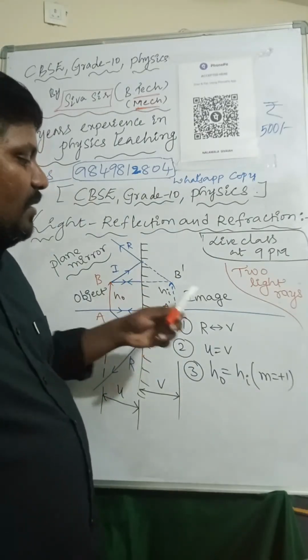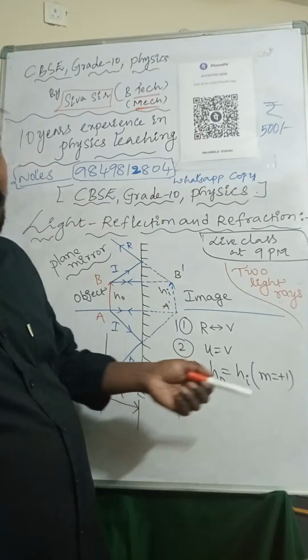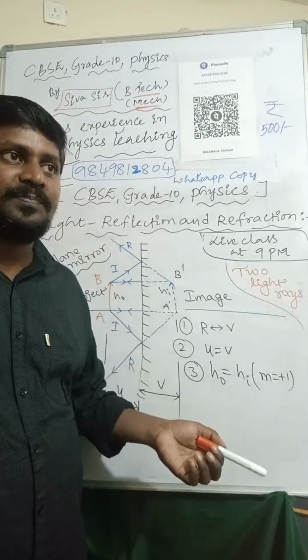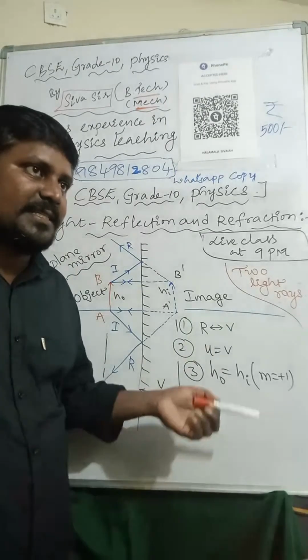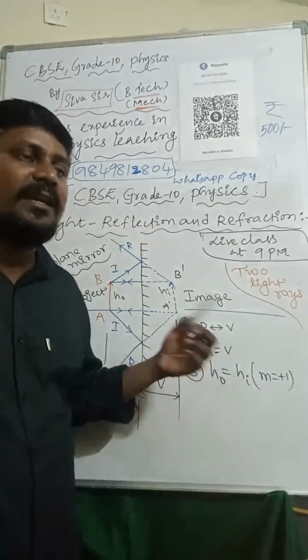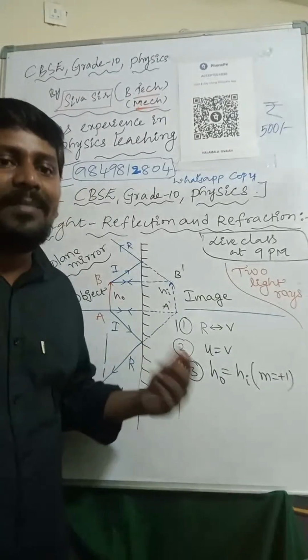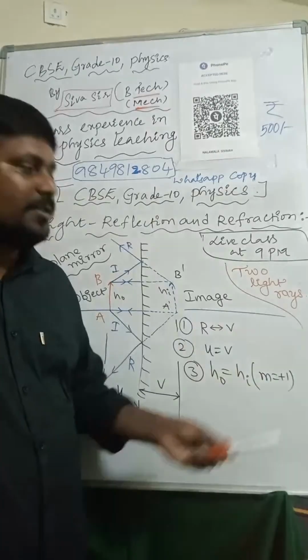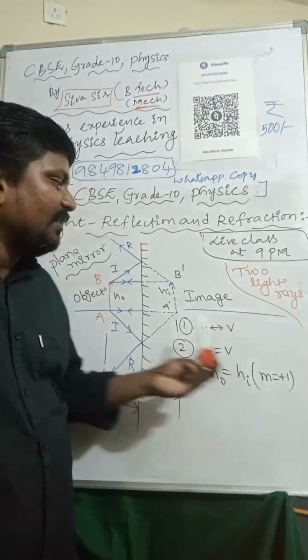Only in the plane mirror. Magnification -1 you get in concave mirror and convex lens also. But positive magnification you get only in the plane mirror.